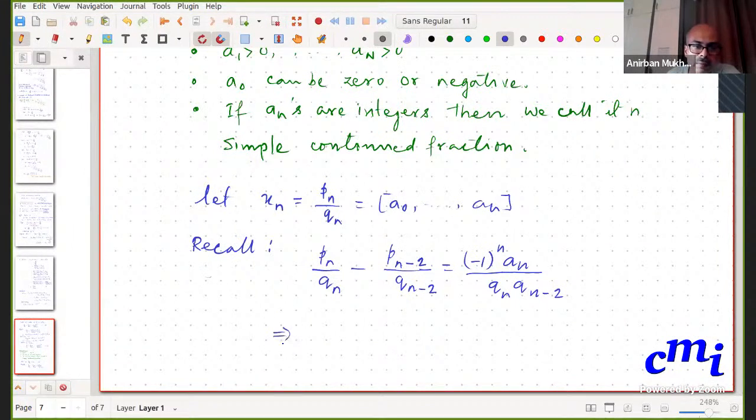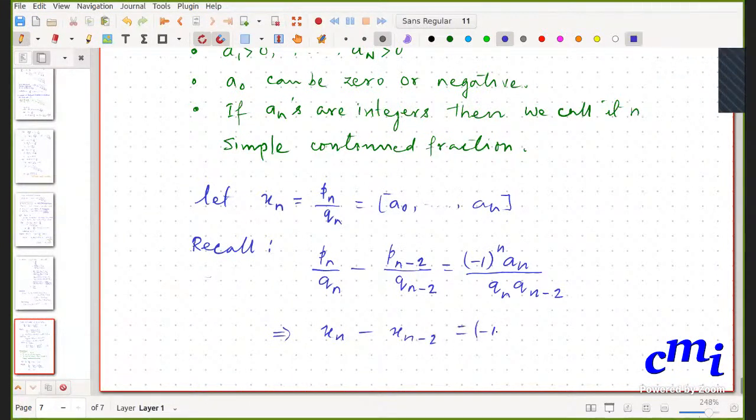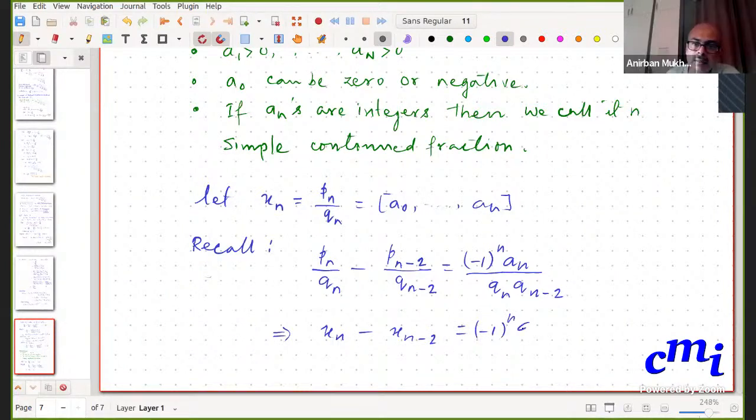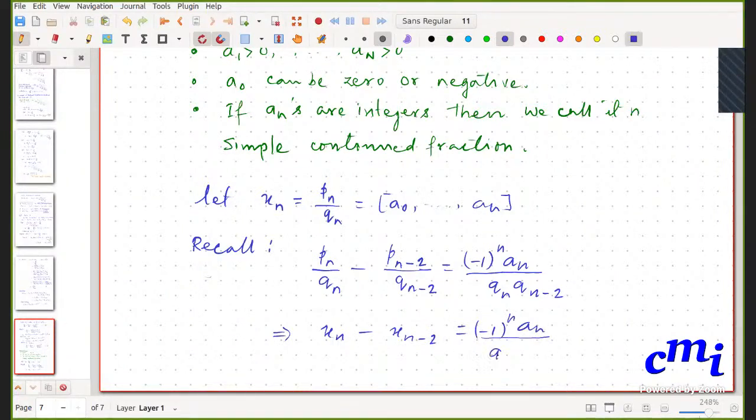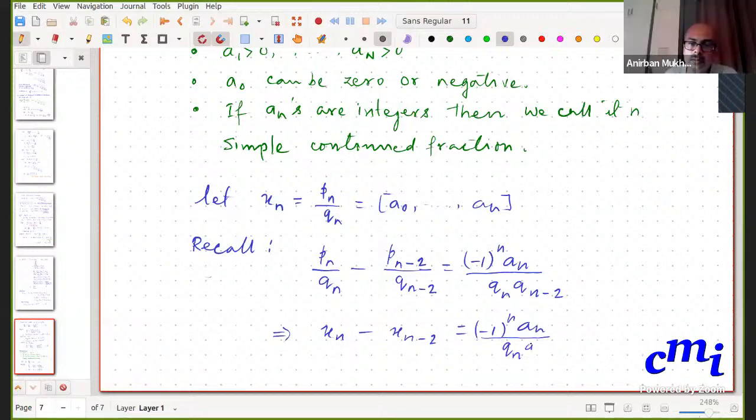Therefore, with the above notation, this is Xn minus Xn minus 2, which is minus 1 to the n times whatever we already have, Qn minus 2.